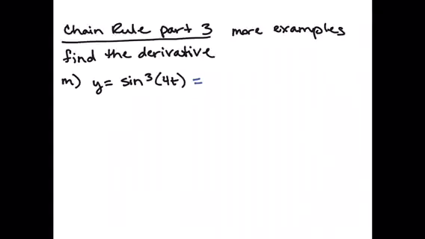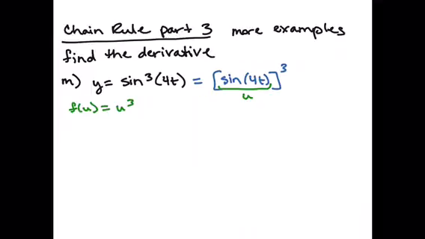Now I'm going to rewrite that so that I can see the outermost function is actually something cubed. And that something happens to be sine of 4t. So if I take the derivative of my outermost function, that function looks like u cubed, we would get 3u squared.